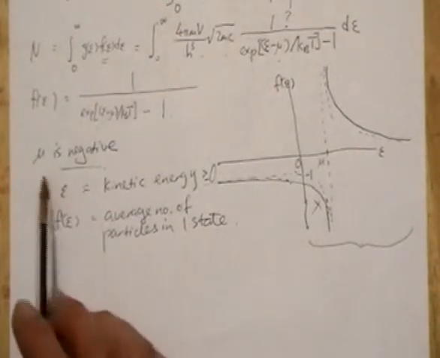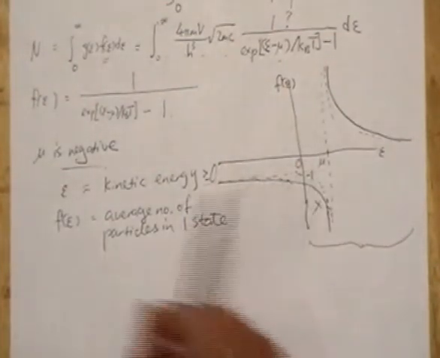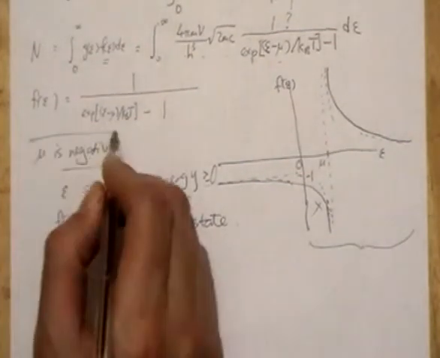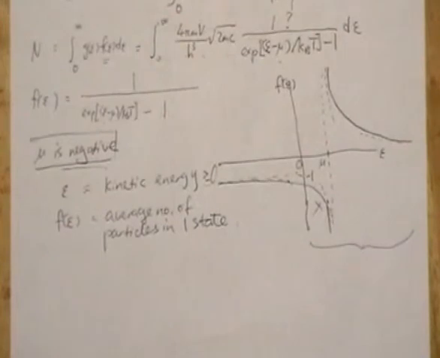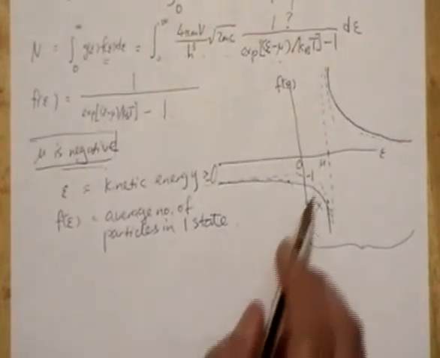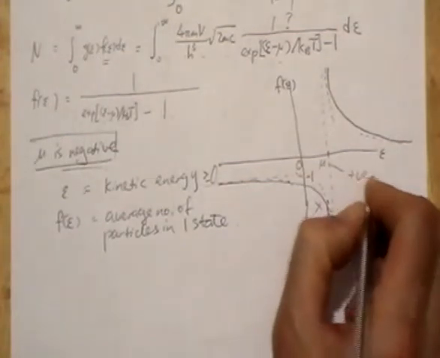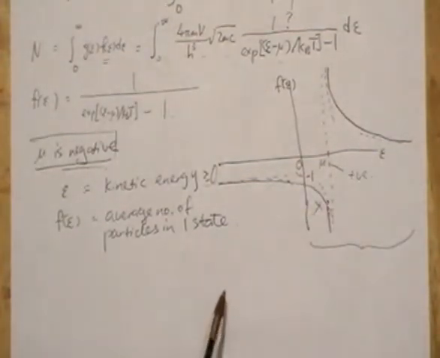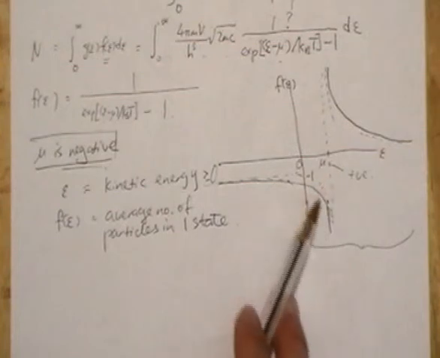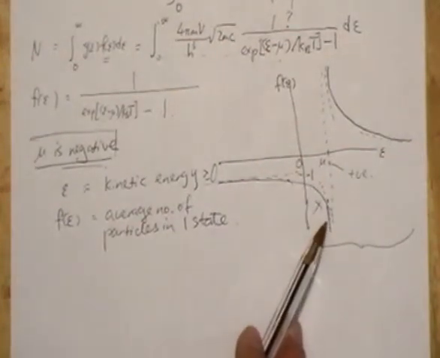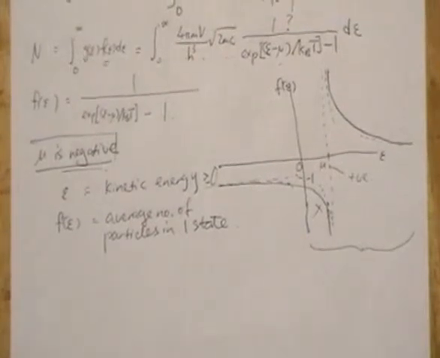Okay, and you remember that we set off wanting to show that mu must be negative, but we made this graph assuming that mu is positive. And we see that when mu is positive, we end up with this situation where we get a negative number of particles.